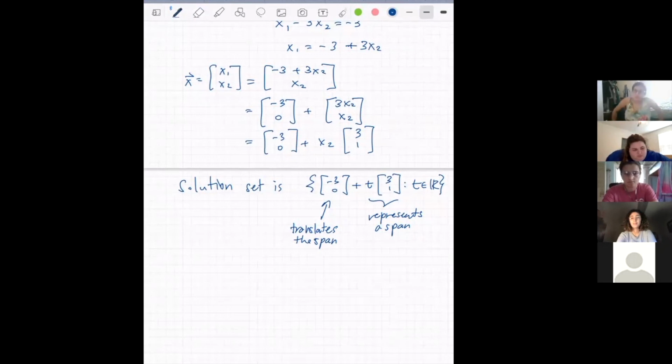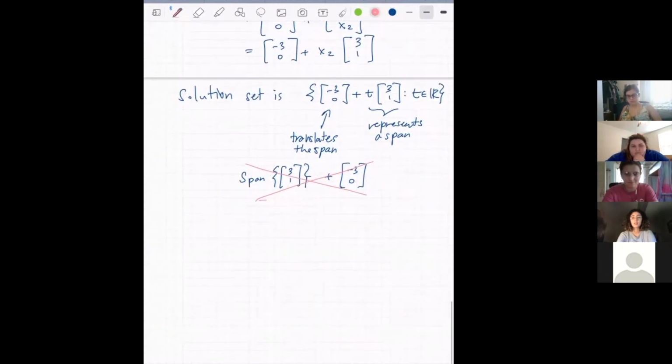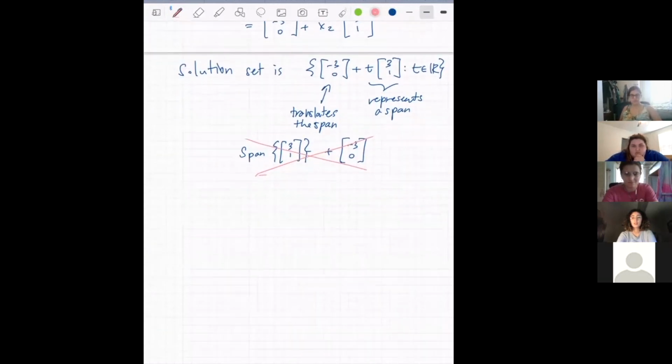Another way of writing it would be this span plus this vector, but this is kind of an abuse of notation, so I wouldn't suggest it. Just to be correct with our notation. But that is how you can think of it. So you take the span and you translate everything by that vector -3, 0.